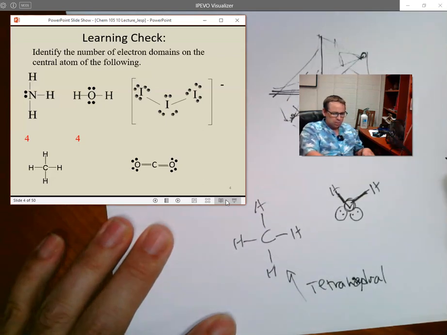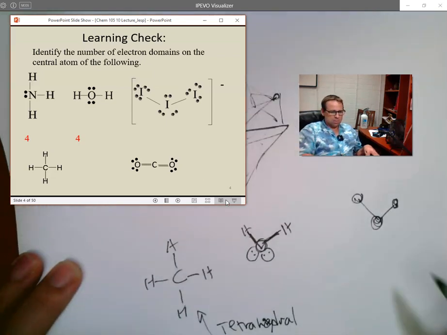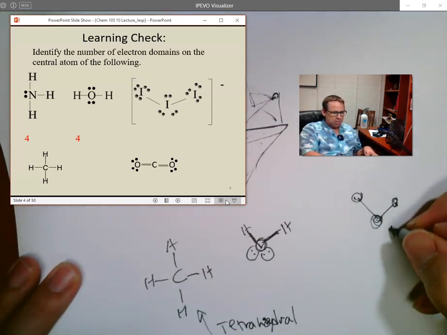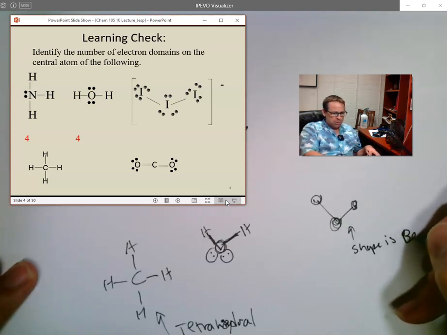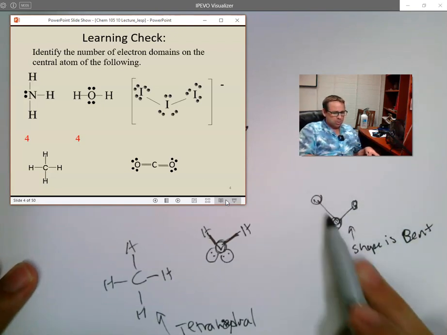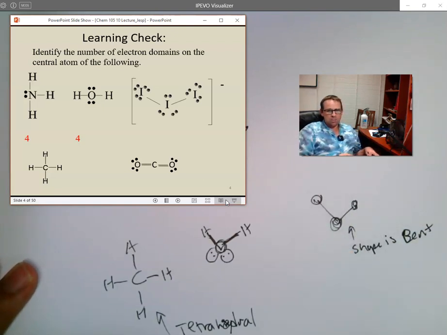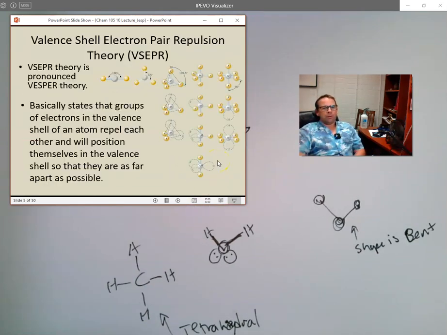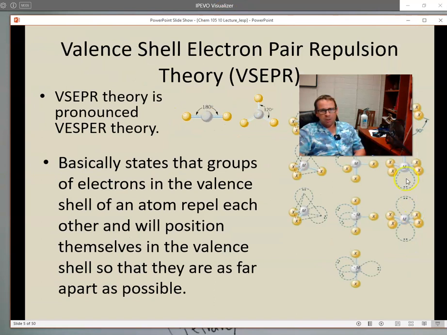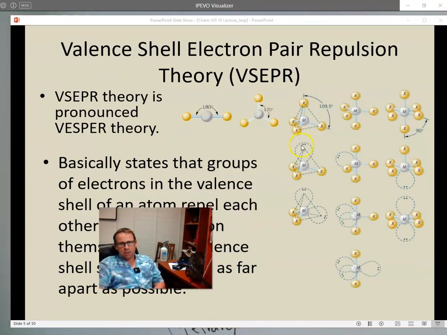So if you drew just the atoms themselves, it would look like this, right? And that shape is what we call bent. A linear molecule that's been bent is called a bent molecule. So we have examples where we have the same number of regions of electron density around a central atom, but the resulting molecule is a different shape.